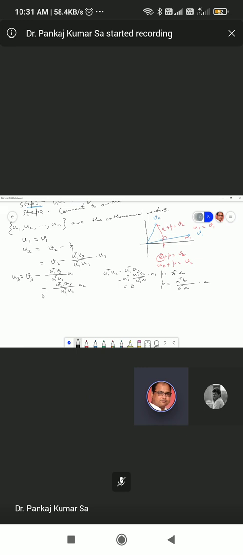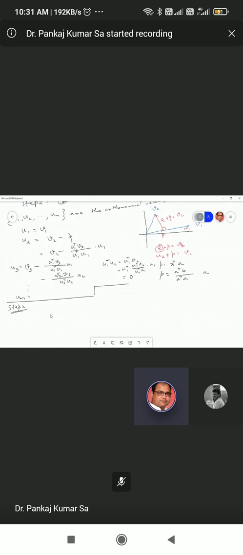In that way, if we go on, we can find out UN, and this completes step 1. Now what is step 2? Step 2 is to normalize each of them, each of these U1, U2, UN.